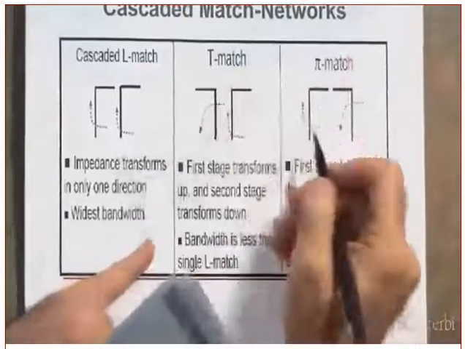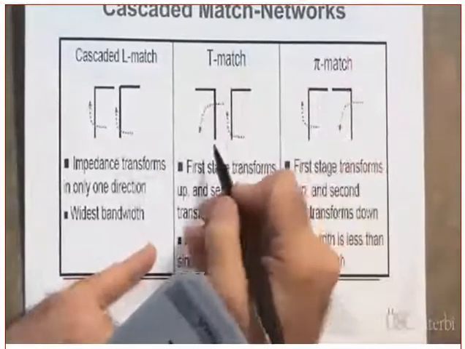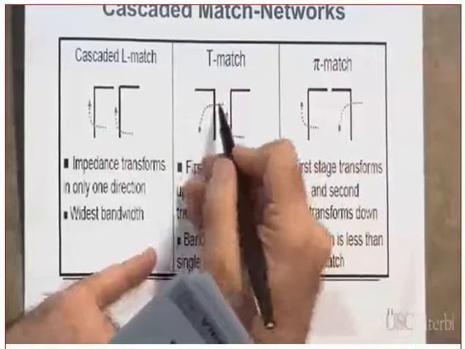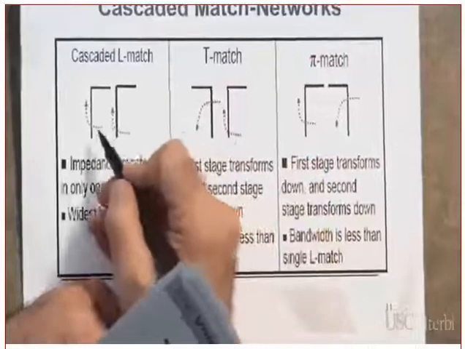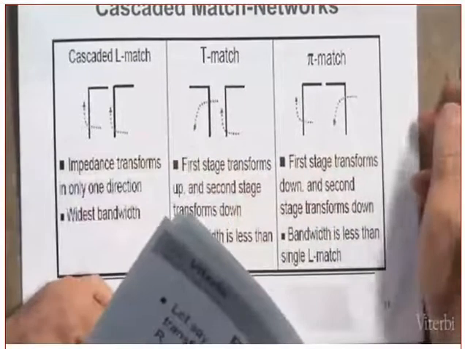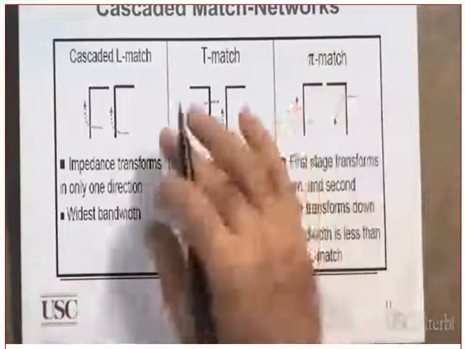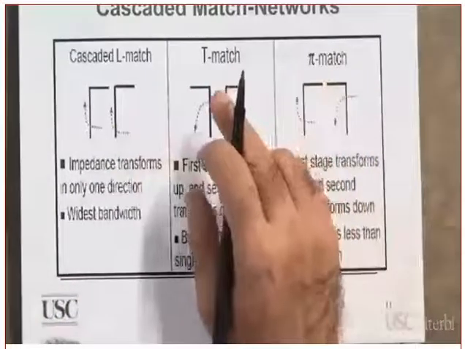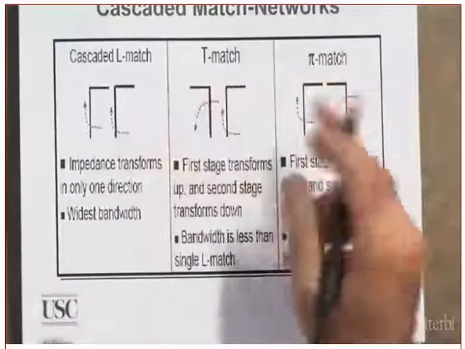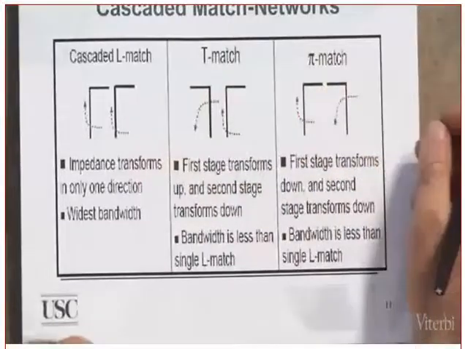This one is pointing here: low to high. This one, low to high, high to low. This one, low to high, low to high. Did you get this or not? I said you can do different types of cascading: cascading L matches, cascading T matches, cascading pi matches. I will show you an example in just a second.